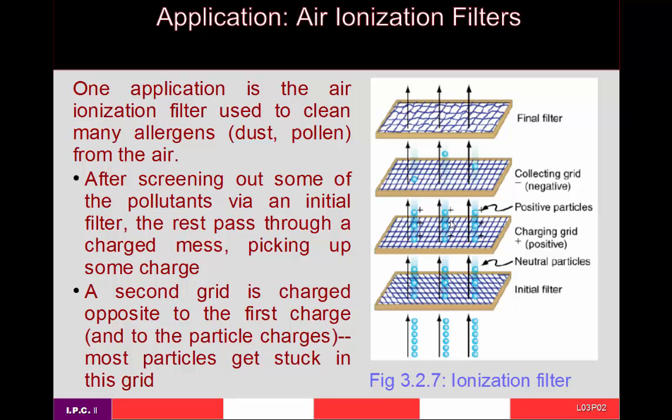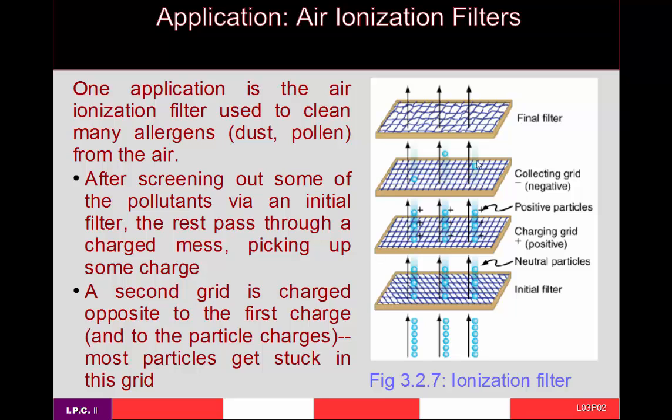So they're positively charged. We then place a second grid that is negatively charged. That ends up stripping out some of these now ionized particles. They bond with the negatively charged molecules in the second grid.